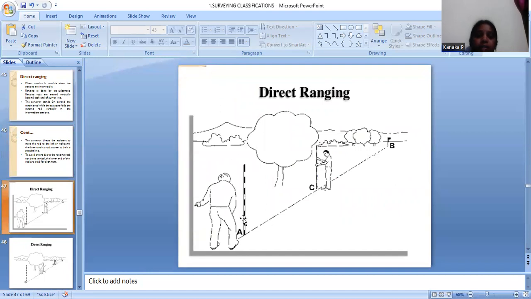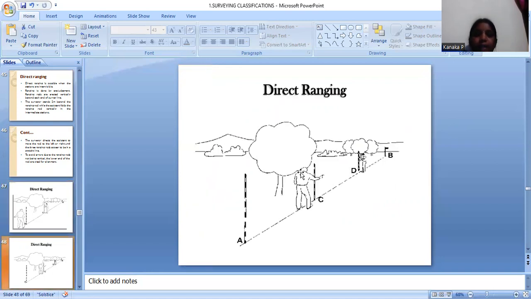This is the surveyor, and C is the follower's point. B is an end point. A and B are the two end stations, and C is the intermediate point. This is eye judgment for intervisible ranging, called direct ranging.